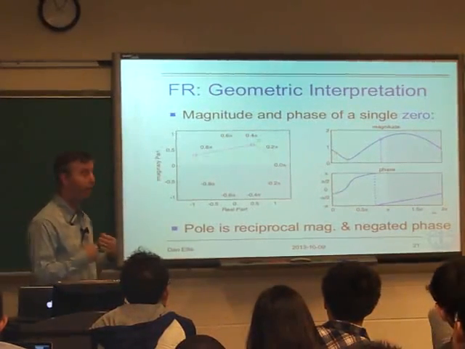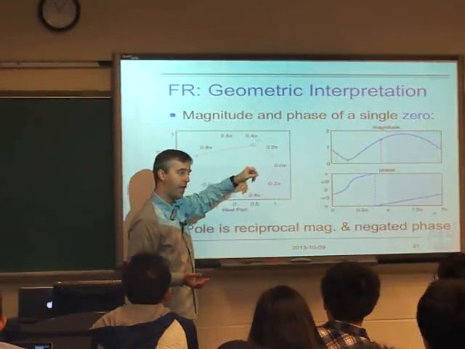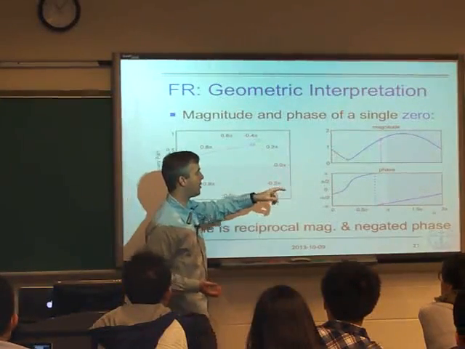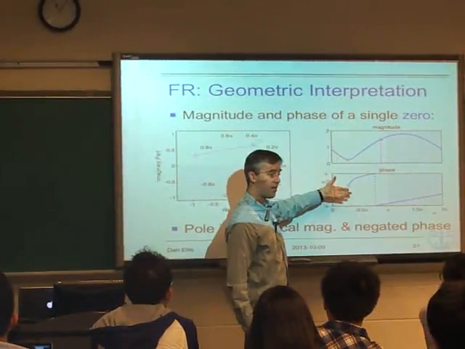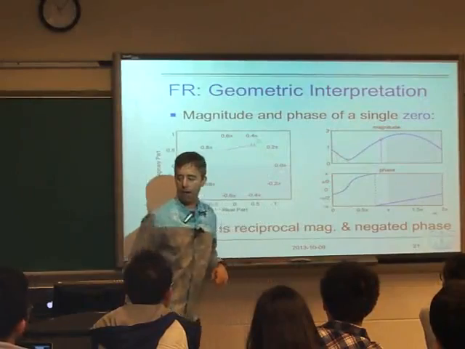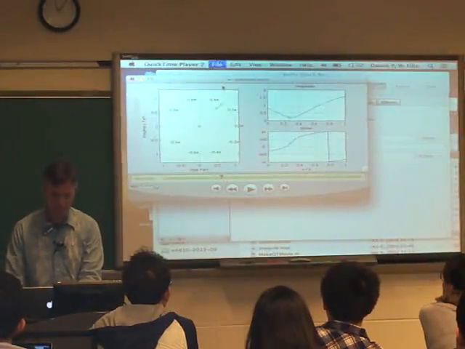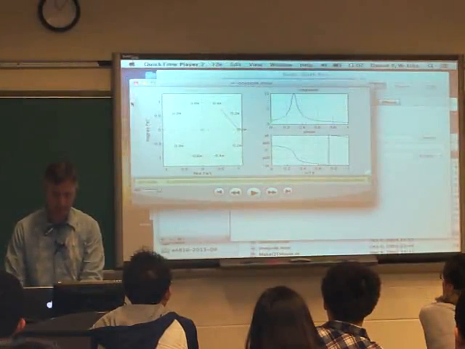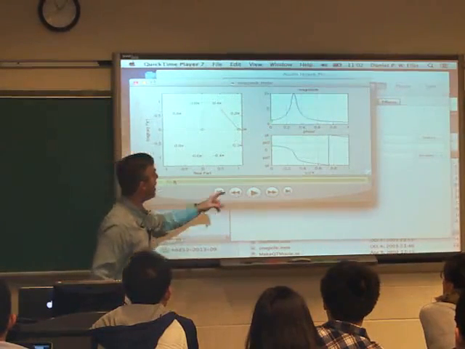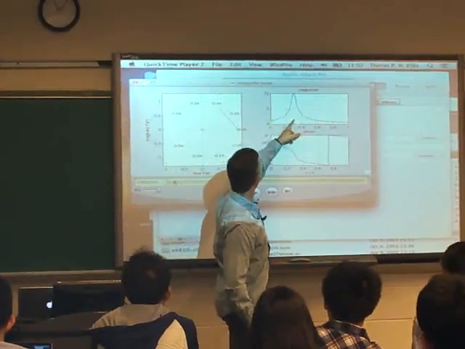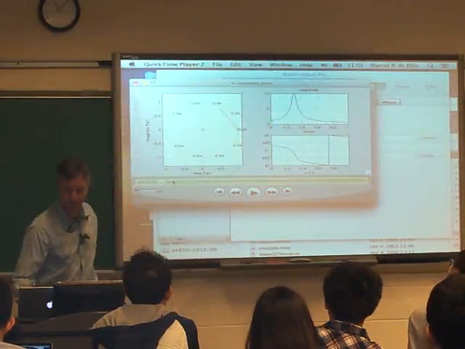If this was a pole instead of a 0, then the magnitude impact of a pole is just 1 over this, and the phase impact of a pole is just the negative of this. Here's the same thing, but with a pole. Where before we had a dip when we get close, now we have a peak because it's 1 over that.